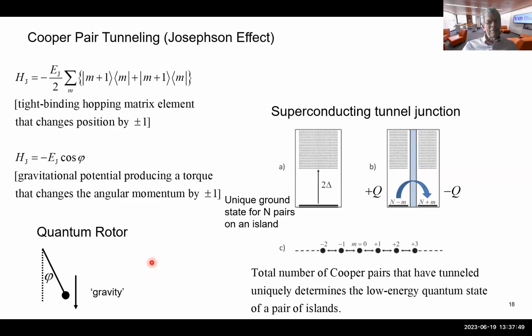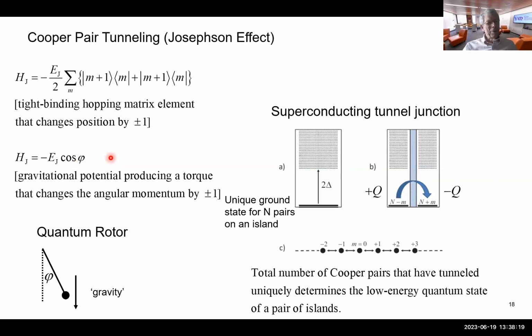Another way to think about cosine phi is there's a torque associated with this potential, sine phi torque, and it changes the angular momentum by plus or minus 1 unit. The angular momentum states are e to the i m phi, and cosine has an e to the i phi and an e to the minus i phi.